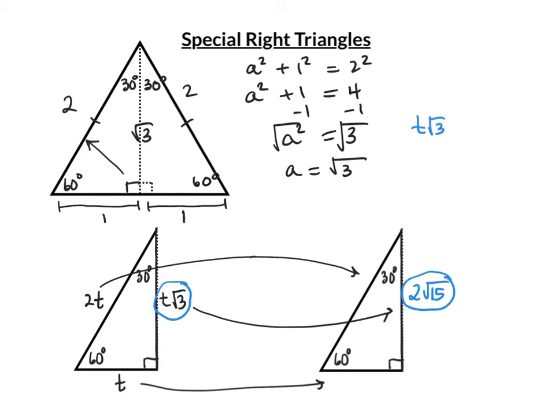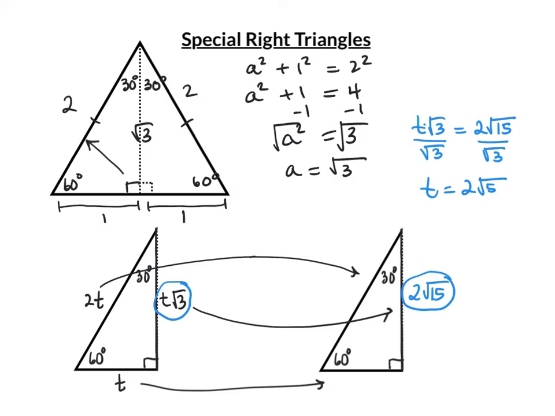T root 3 equals 2 root 15. Solve for t. Since there's multiply here, I'll divide both sides by root 3. And t will equal 2 root 5 because root 3 goes into root 15 5 times. So our multiplier is 2 root 5.